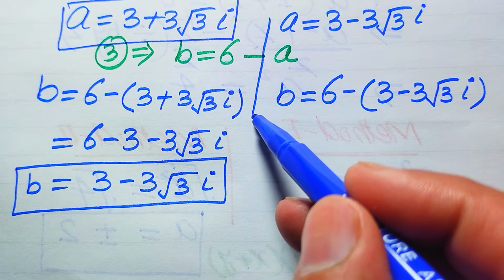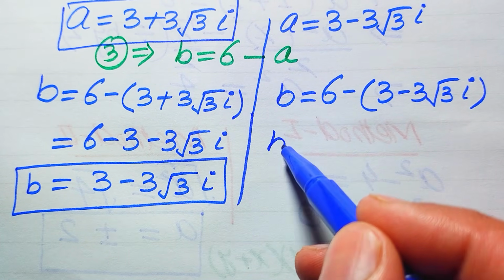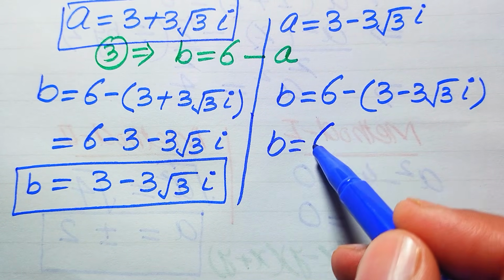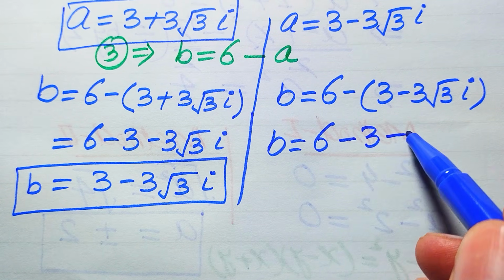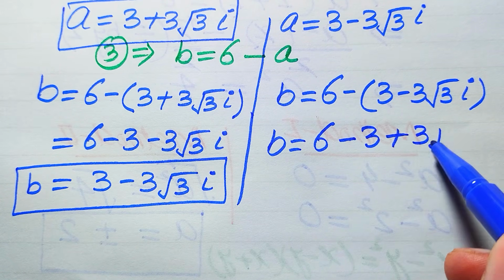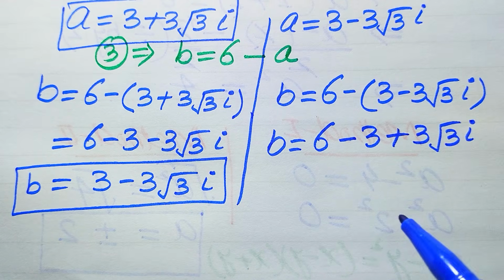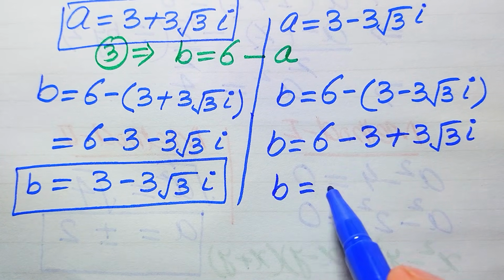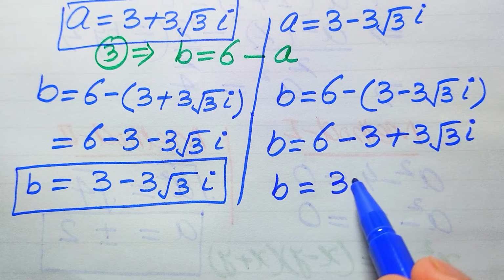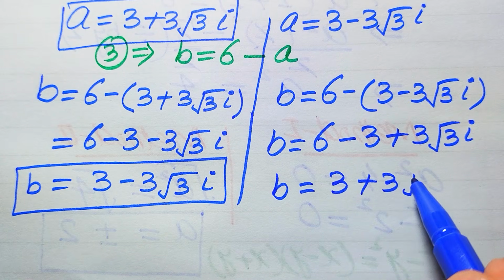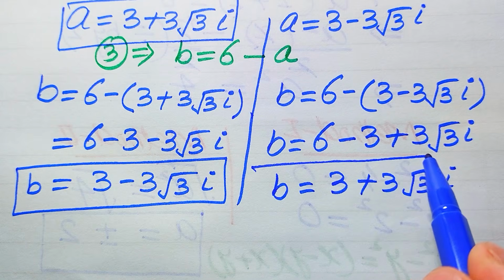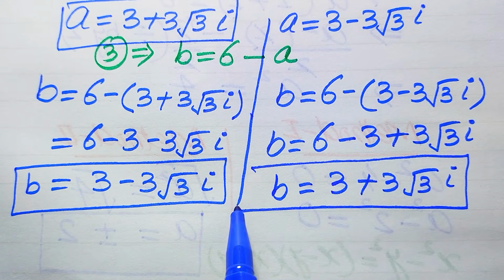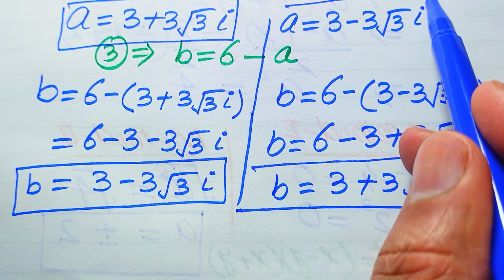And now we move to the second case, and from here we get b equals 6 minus, we multiply this on each of these terms, and it becomes minus 3 plus 3 times the square root of 3 into iota. And from here we get b equals 6 minus 3 becomes 3 plus 3 times the square root of 3 into iota. So this is the second value of b, corresponding to this value of a.